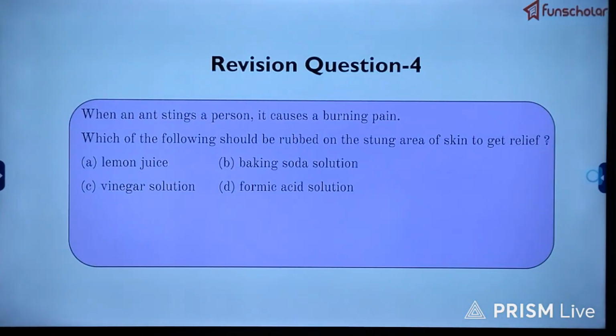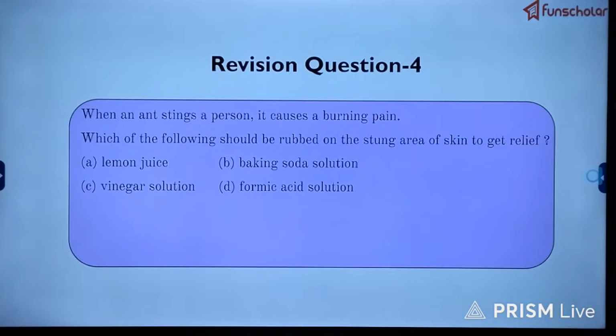Okay, so the first option we have is lemon juice. Lemon juice contains citric acid, so it is itself one type of acid. The sting hurts because of the presence of a particular acid, which is formic acid. So acid will not help me get relief, right? Next, C is vinegar solution.